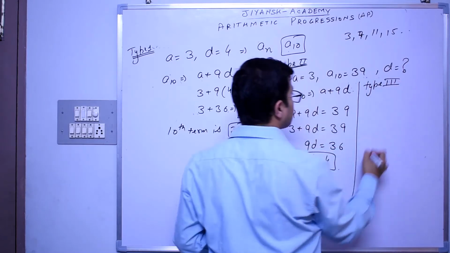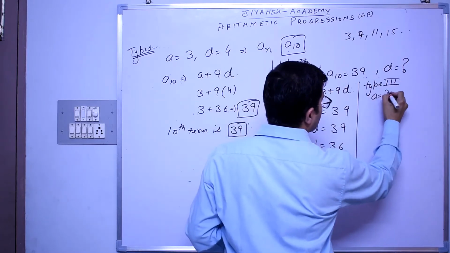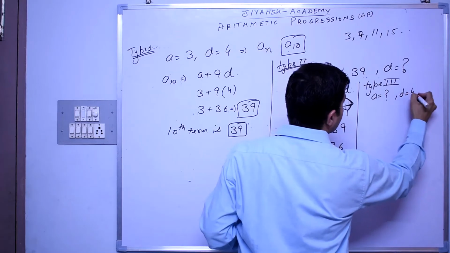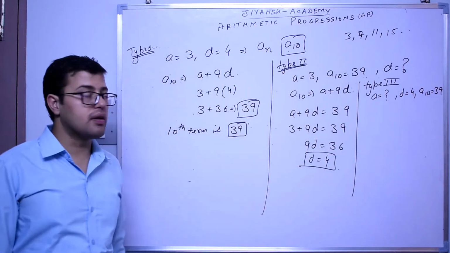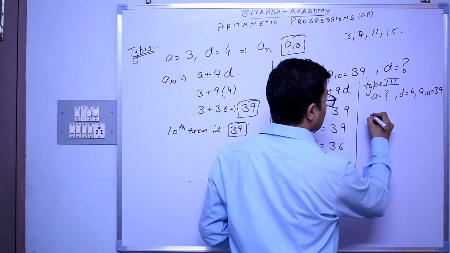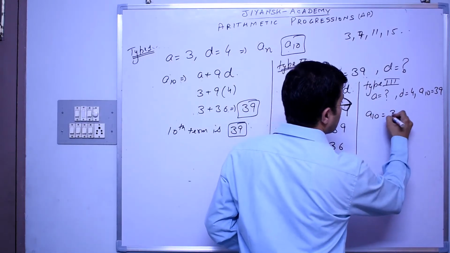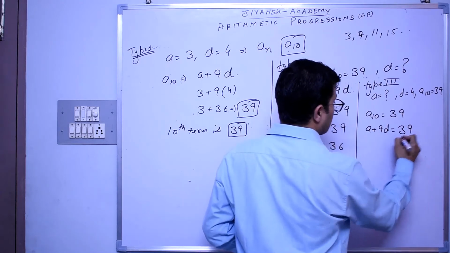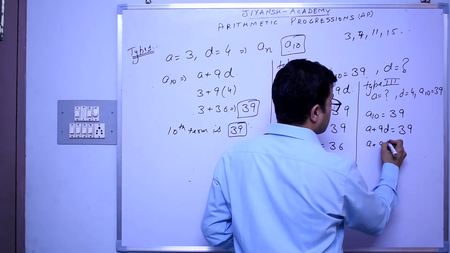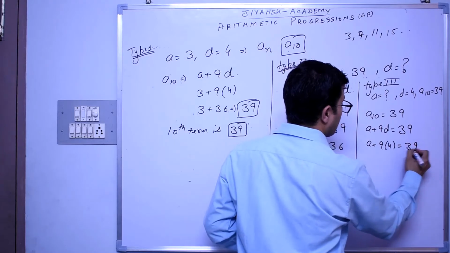Then type 3, he says if A is unknown, D is 4 and A10 is 39. Right? So again, we'll do the same thing. A10 is 39. A plus 9D is 39. So A plus 9 into 4 is 39.